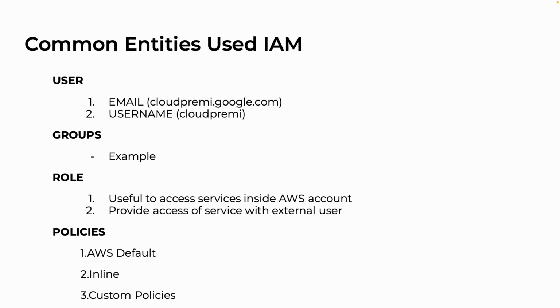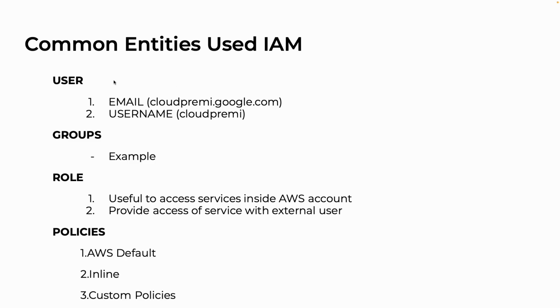There are some common entities used with IAM. First is the user, then the groups, the third one is the role, and the fourth one is the policy. We will look into them step by step.